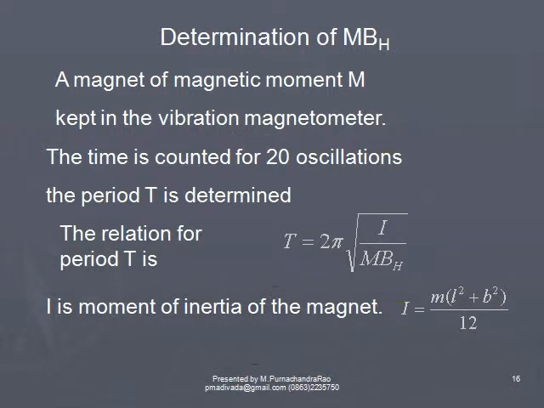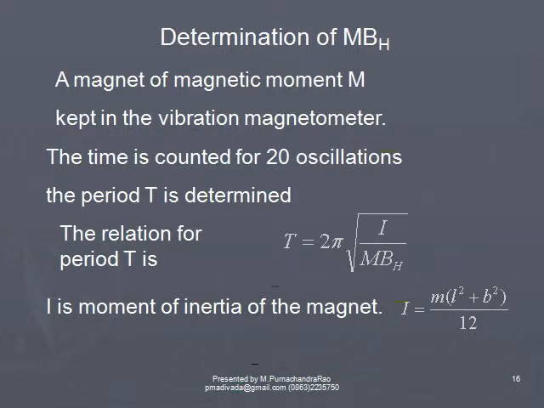The time is counted for 20 oscillations and the period is determined. The relation for period T is equal to 2 pi into square root of I by mbh.